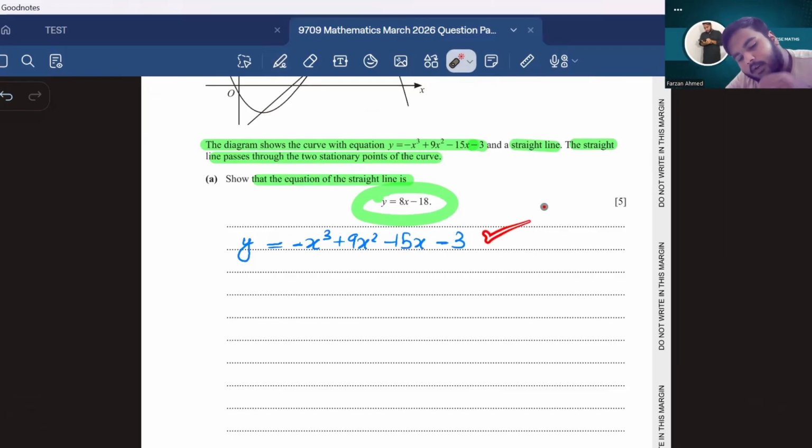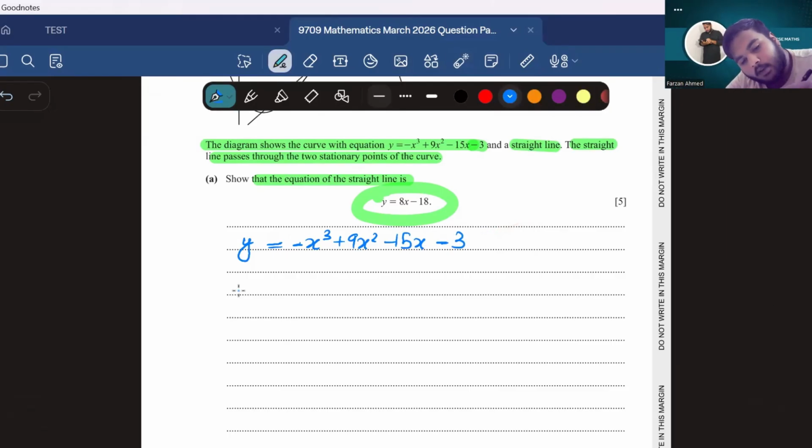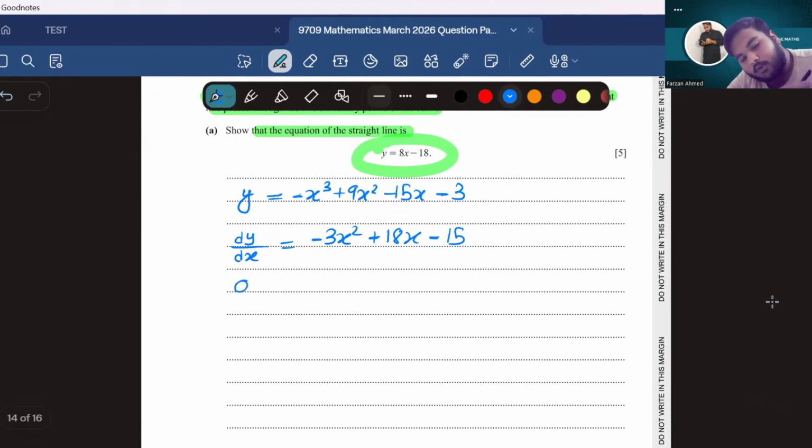So we will differentiate it. So dy over dx is equal to minus 3x square plus 18x minus 15. So this should be equal to 0.